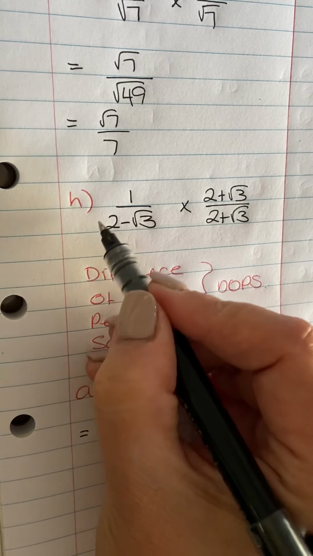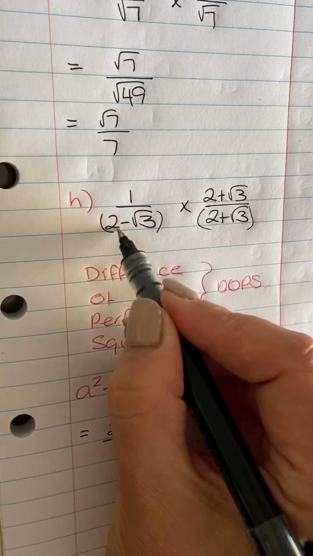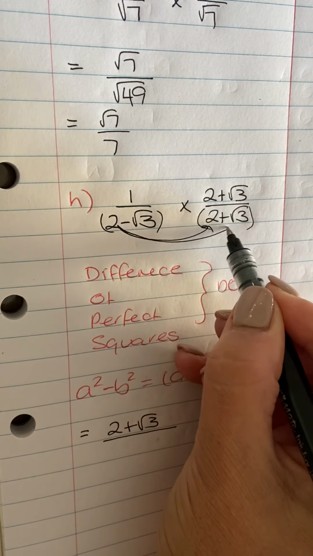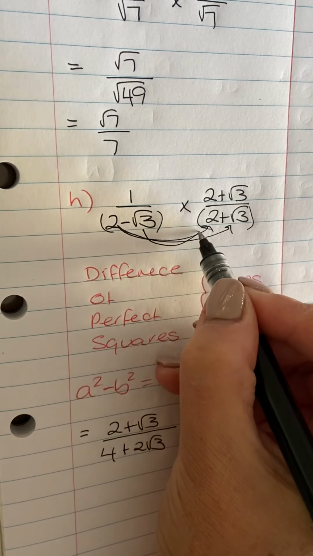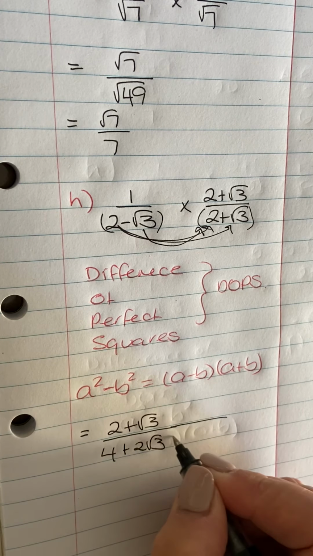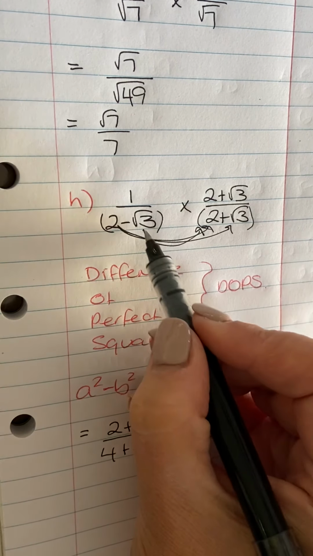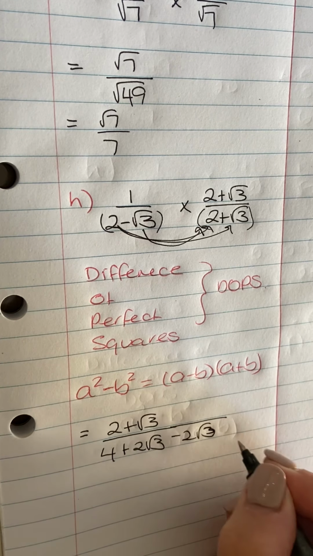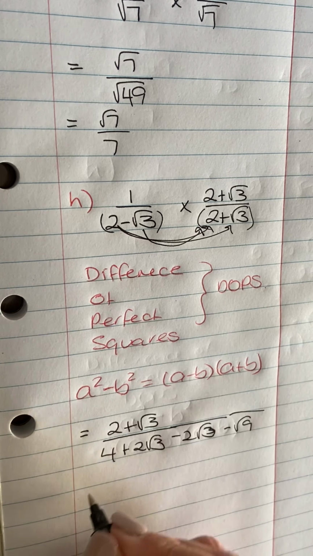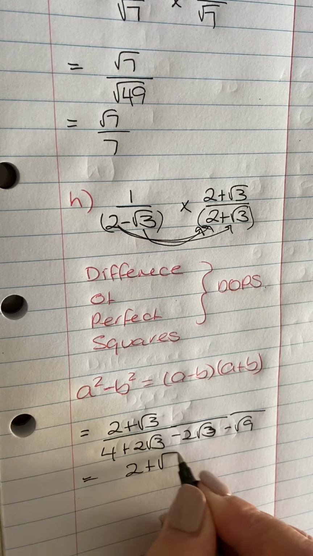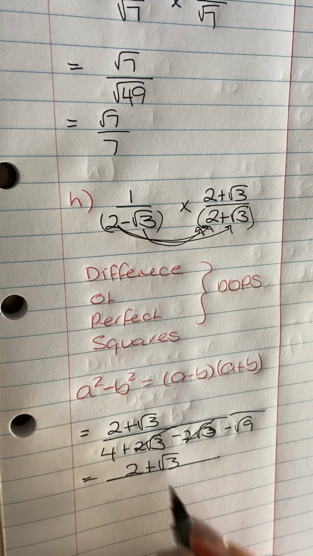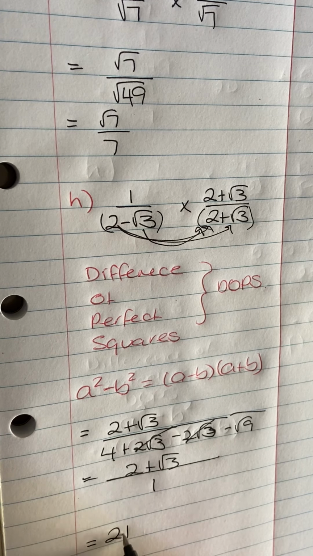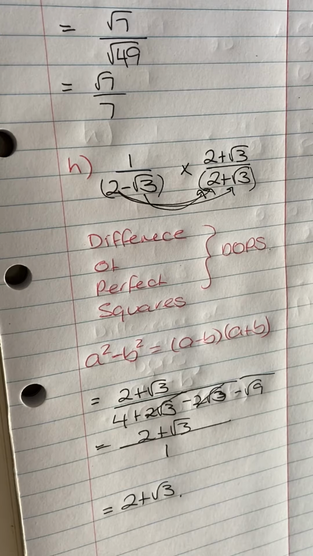On the bottom when we expand it, we're going to have 4 plus 2 root 3, minus 2 root 3, and then we'll have minus square root 9, which we know is 3. So we'll end up with 2 plus square root 3. These will cancel out, and we've got 4 minus 3, which is 1. So the answer is just 2 plus the square root of 3.